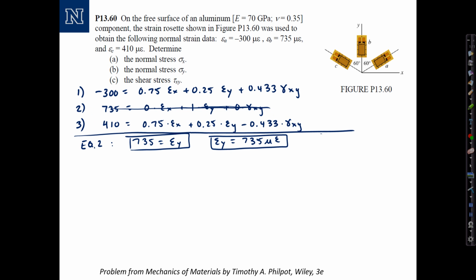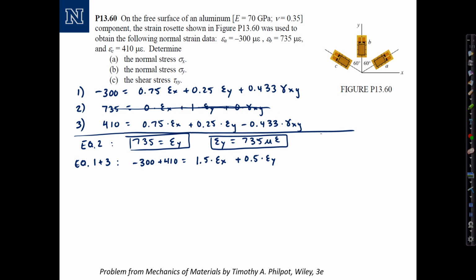Notice what happens if I add equations 1 and 3. I'll have negative 300 plus 410 equals 0.75 plus 0.75, or 1.5 times epsilon x, plus 0.25, 0.5 times epsilon y, which we already know, and then 0.433 minus 0.433 gamma xy.